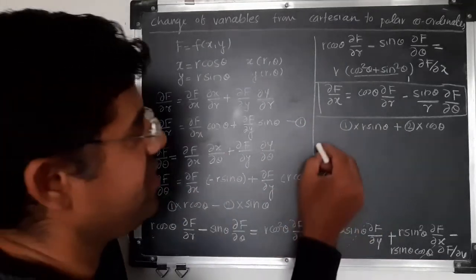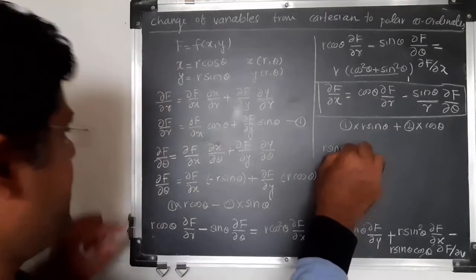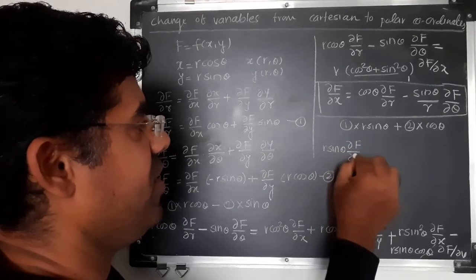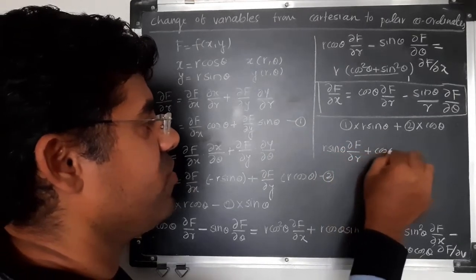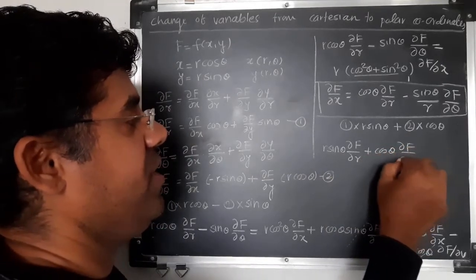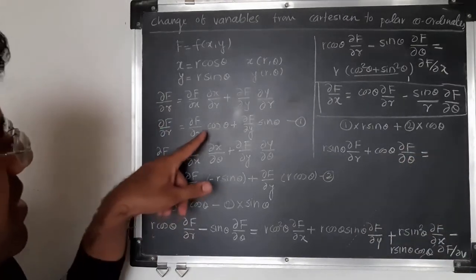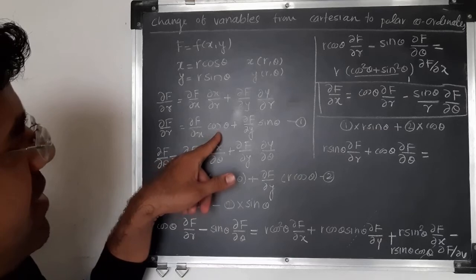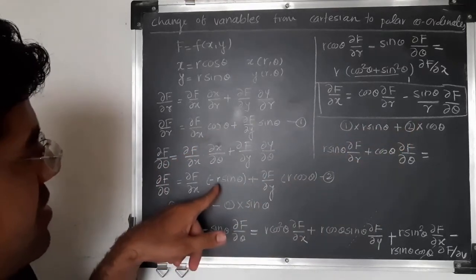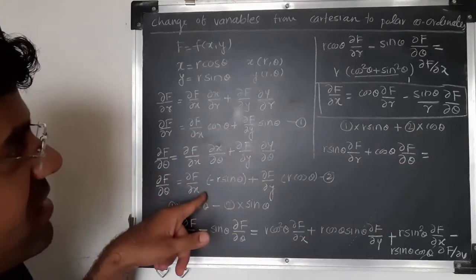So what you will get here is r sin theta ∂f/∂r plus cos of theta ∂f/∂theta, which is equal to r sin theta cos theta plus, here multiplied with cos, r sin theta, so this term gets cancelled.